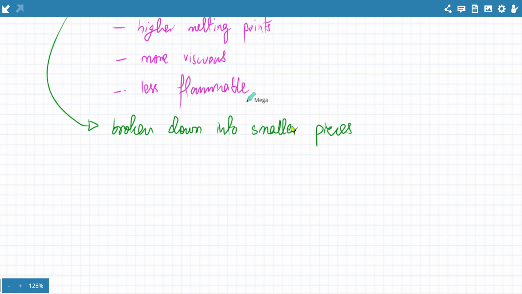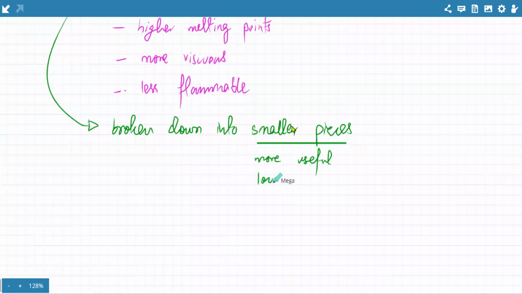Smaller molecules are a lot more useful. Why? Because they have low melting and boiling points, which means they would be gases or gaseous. Why is being gaseous a good thing?